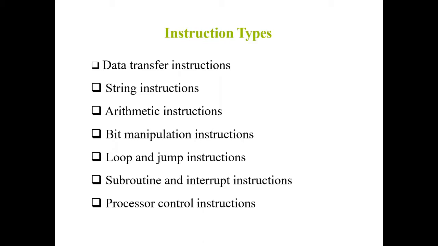Memory to memory or port to port data are not transferred by a single instruction. Examples of data transfer instructions are MOV, XCHG, PUSH, POP, LDS, LEA, IN, OUT, etc.